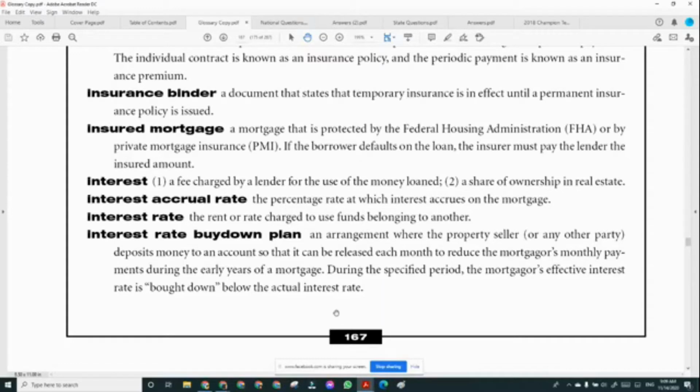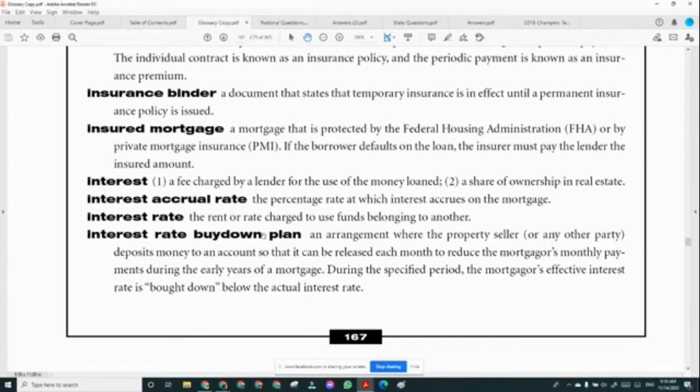The interest rate, okay, is another thing. So there's a fee charged for that interest rate by the lender, who can have the loan insured by FHA, right? FHA loans are insured. VA loans are guaranteed. So that's 2 ways of thinking about interest. Interest rate and a percentage of ownership.